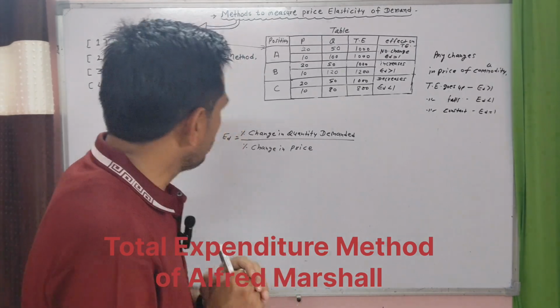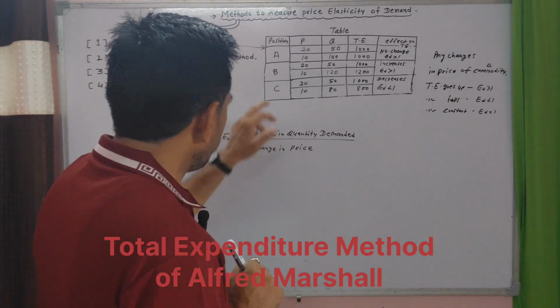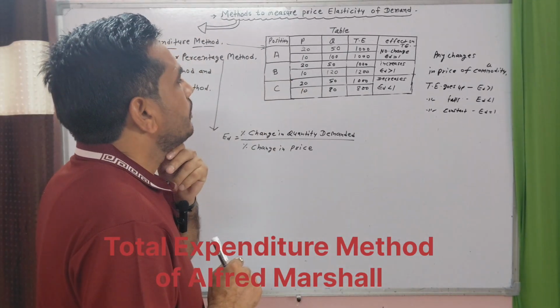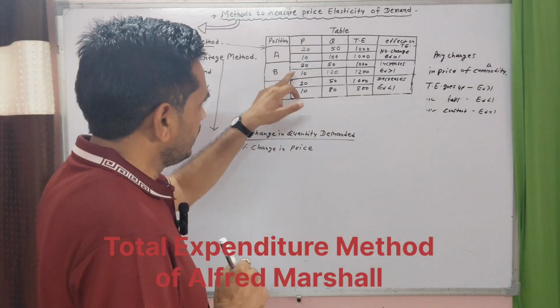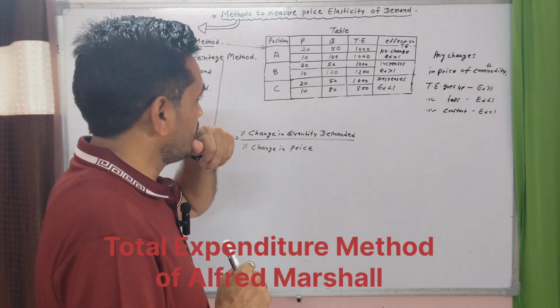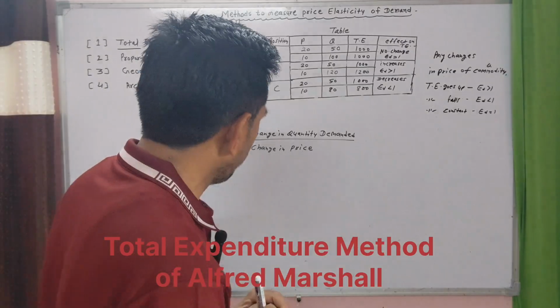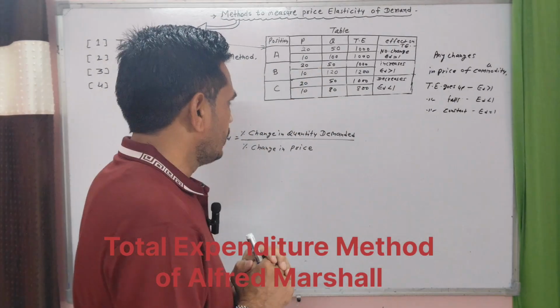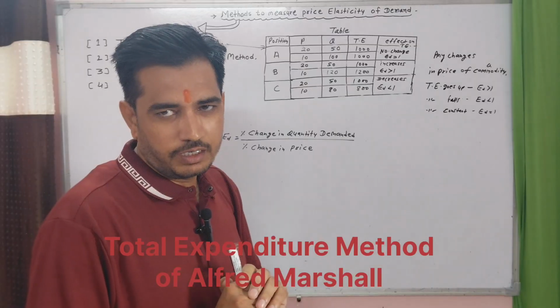Okay. So let's go for the B position. The price of the commodity decreases from 20 to 10, and quantity demanded, as per the law of demand, increases from 50 units to 120.